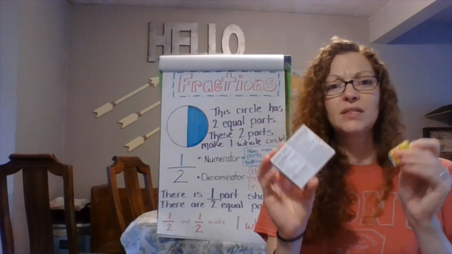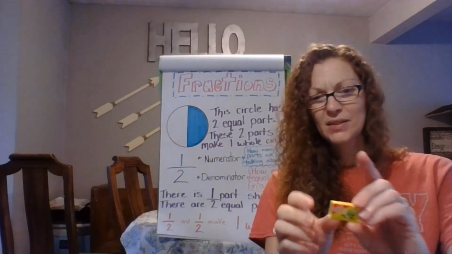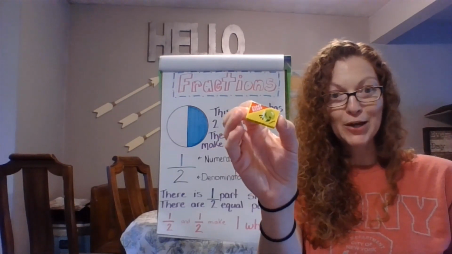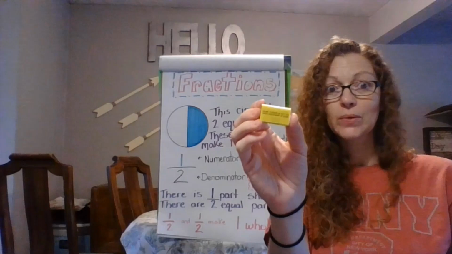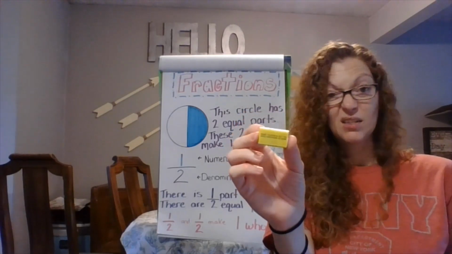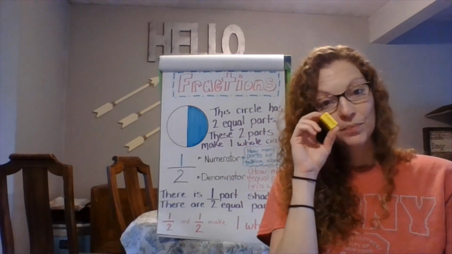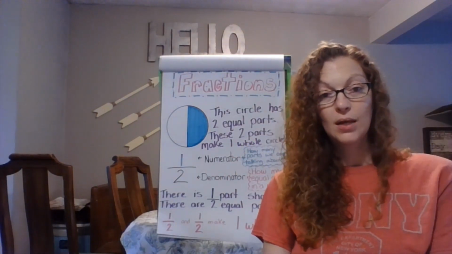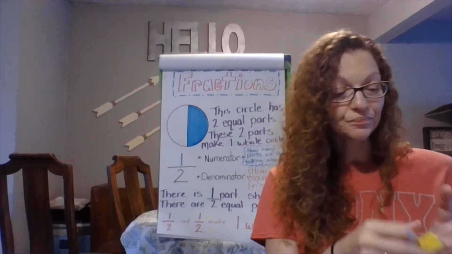And I found a couple different size rectangles. I have a box of Jell-O that I could use as a rectangle. And I found this teeny tiny pack of gum from my daughter. You might have blocks or toys. I just looked in my pantry, in my closet, and my cupboards, and I found these. All right, so you need something to make a circle and something to make a rectangle with.